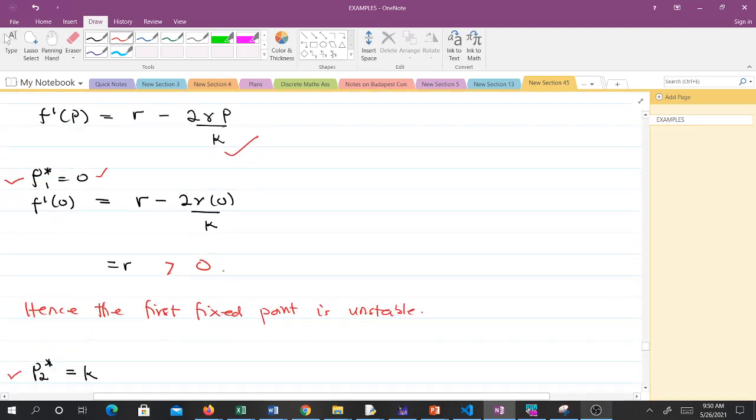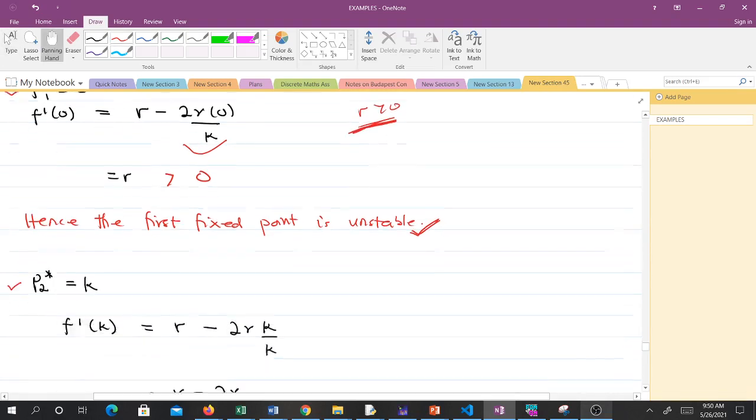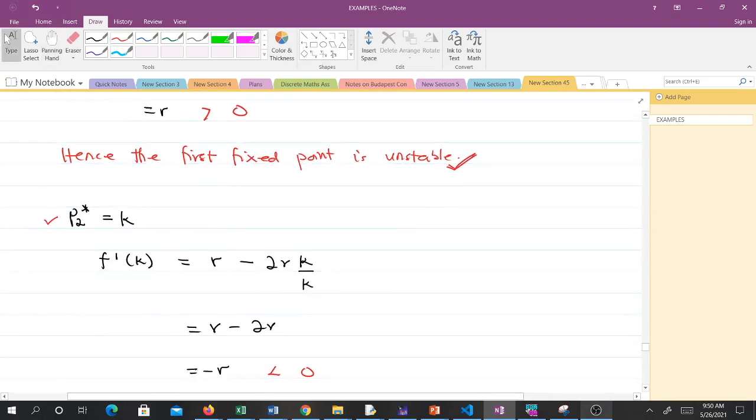When we put in 0, we are going to get r minus 2r times 0 over k, and that means this place will vanish and we just get r. And r is the intrinsic growth rate, which is positive. Okay, so r is greater than 0, and since r is greater than 0 here, it means that our fixed point 0 is unstable.